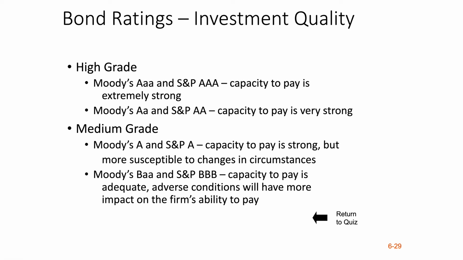Now, AAA and AA are all considered low credit risk, so they pay less. The medium grades are single A and BBB. For BBB, the capacity to pay is adequate, but adverse conditions will have more impact on the firm's ability to pay, therefore BBB has to pay a high yield to maturity.